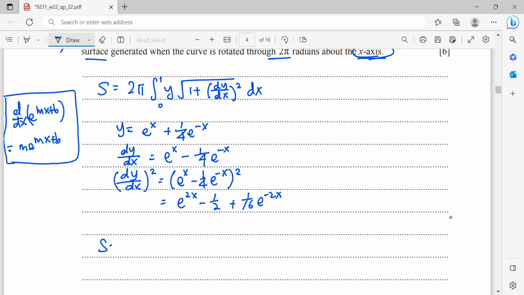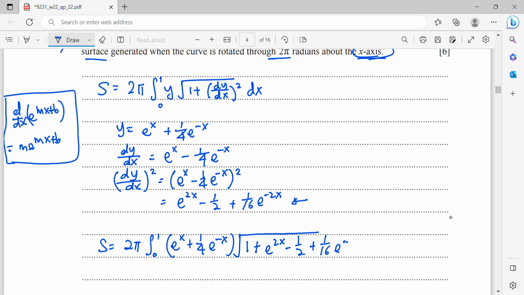Your S is 2 pi integrate 0 to 1, your y is e^x plus 1/4 e^(-x), and this whole term is multiplied by the square root of 1 plus (dy/dx) squared, so e^(2x) minus 1/2 plus 1/16 e^(-2x), then dx.